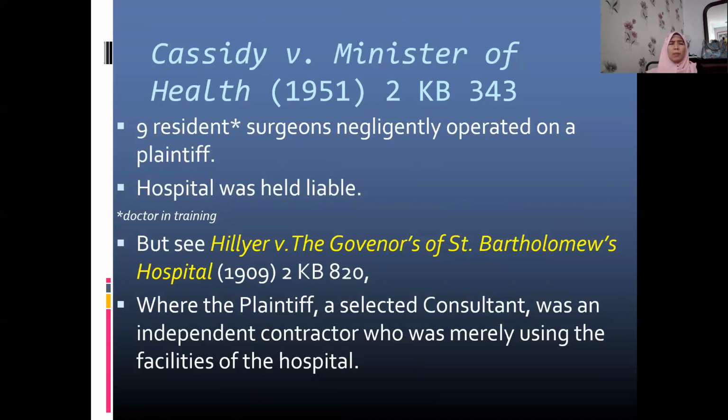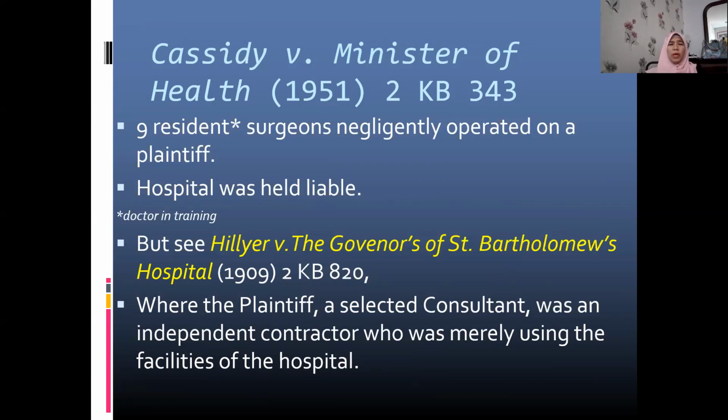So they are basically the resident surgeons, and they were negligent in their operation, so they negligently operated on a plaintiff. That's why the plaintiff was suing these 9 resident surgeons. And the hospital was held to be liable for the negligent operation. Actually, these resident surgeons were considered employees under a contract of service. So the hospital as the employer was held liable under vicarious liability.